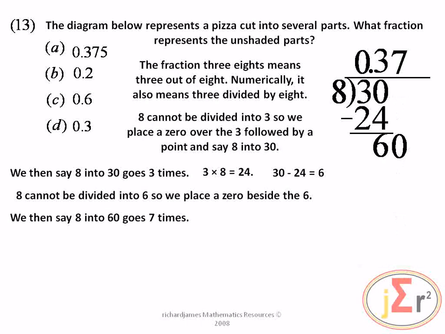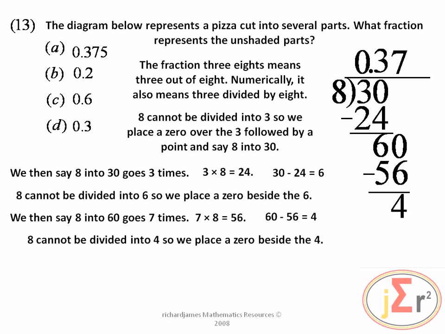And of course, again, 8 does not divide into 60 exactly 7 times. So we say 7 8s are 56. We subtract 56 from 60. And what do we get? 60 minus 56 is equal to 4.